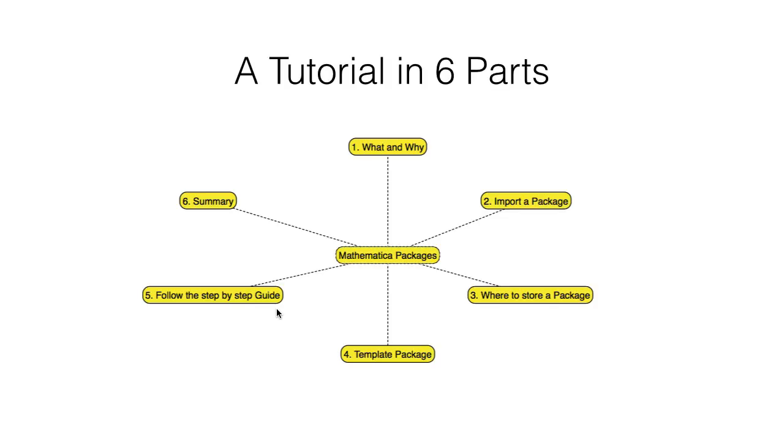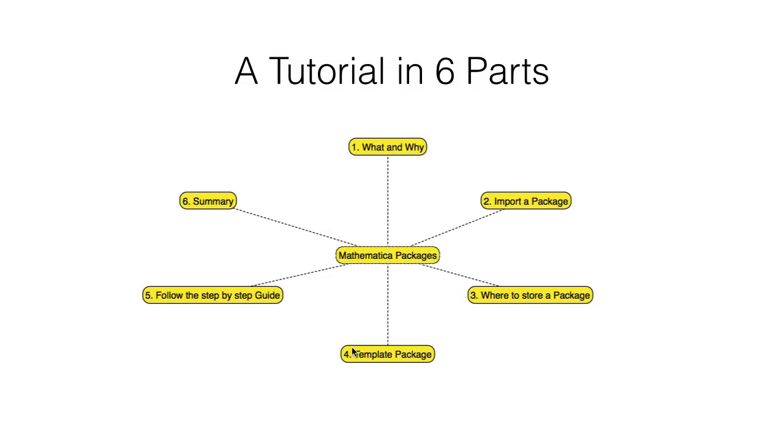This tutorial is divided into 6 parts. In the first part, the one you're looking at now, we will discuss what a Mathematica package is and what benefits you can gain by using packages. In part 2, we will show how you can import and use an existing add-on package. In part 3, we will discuss where to store your own packages.